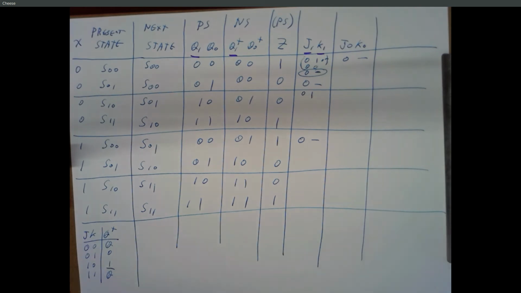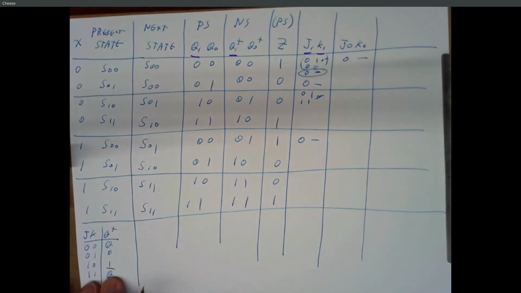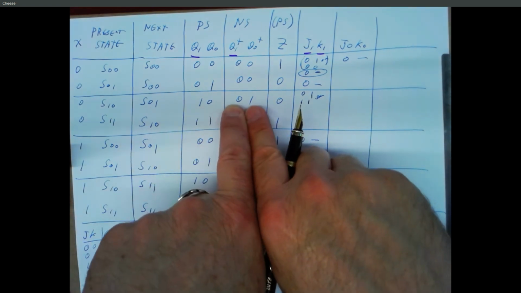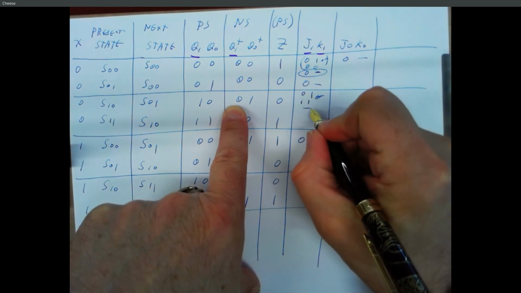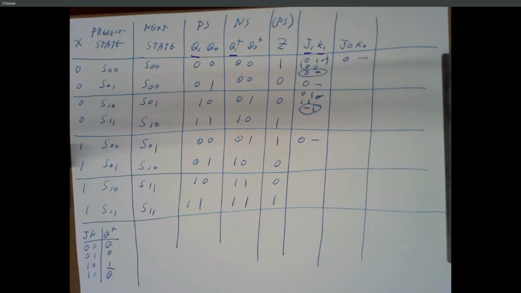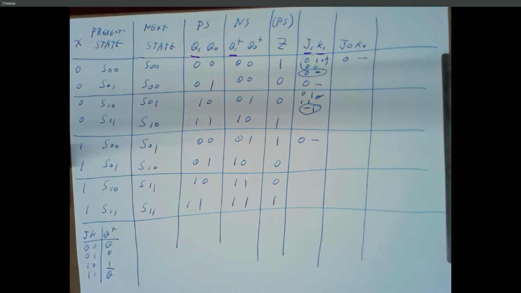Yeah, so if we made this a 1, 1, that would say toggle. And since the current value is a 1, after the clock tick, it would toggle and become a 0. So this is an example of don't care or 1. J1 is don't care, K1 is a 1. So this is why JKs are nice to design with, because we always have some don't cares in our truth table. We have twice as many inputs to set up to the flip-flops, but we're going to have probably simpler equations.